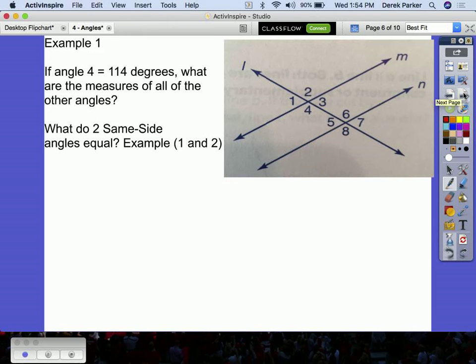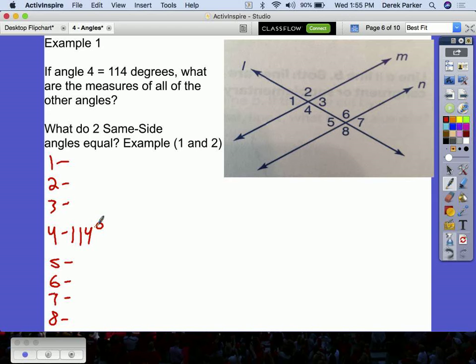Now, let's look at example 1. If angle 4 is equivalent to 114 degrees, what are the measures of all the other angles? Okay, now we'll list it out: 1, 2, 3, 4, 5, 6, 7, 8. 4 is equivalent to 114 degrees.